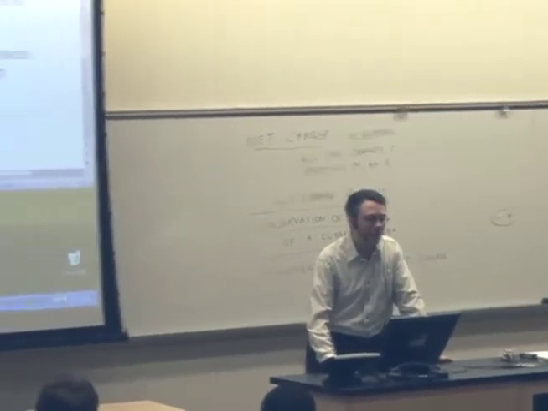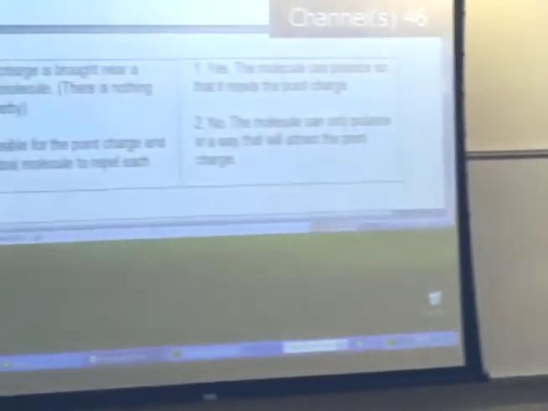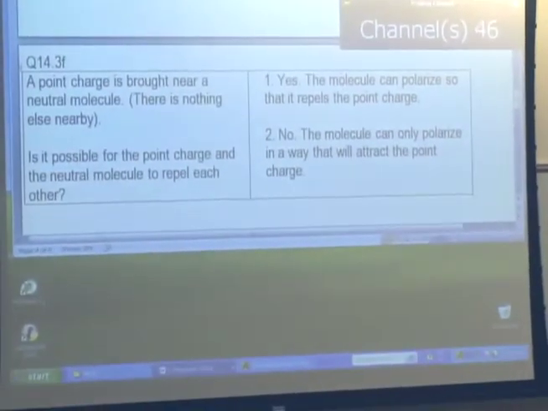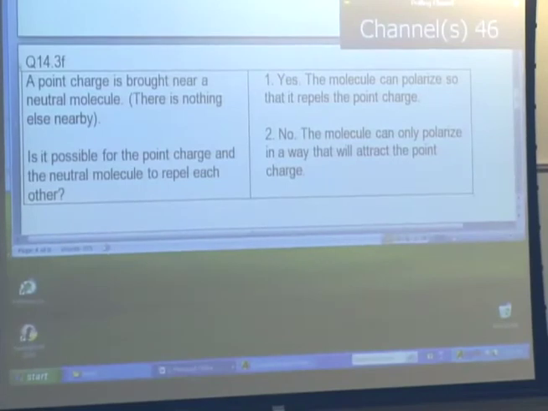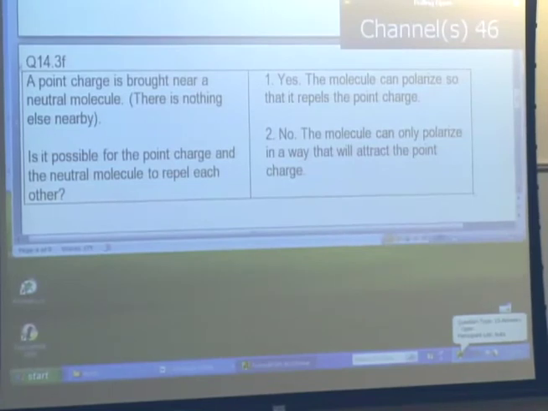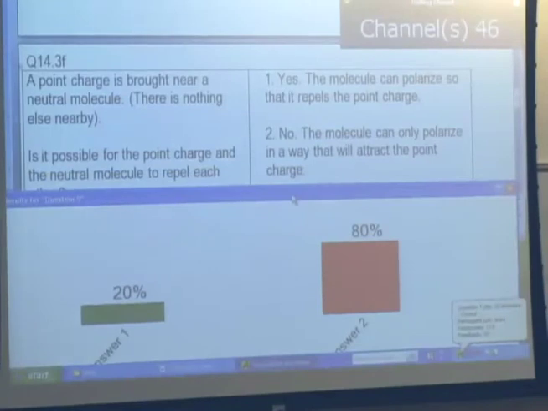So here's a question. A point charge is brought near a neutral molecule. Nothing else is nearby. Is it possible for the point charge and the neutral molecule to repel each other? Okay, 80% of us say no. The molecule can only polarize in a way that will attract the point charge.